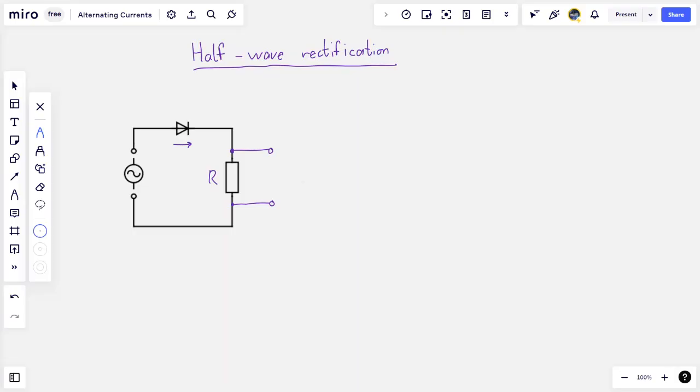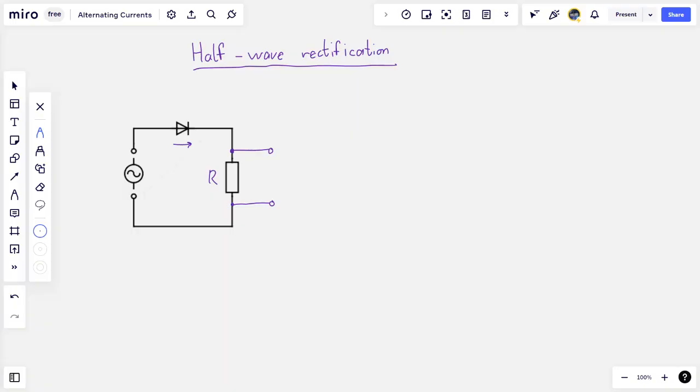Now, why is an AC input important? Well, remember, AC is current that changes direction so many times per second, 50 hertz in most of the world, 50 times per second. What this means is that the terminals of this AC power supply also change direction. There isn't a permanent positive or negative. They constantly flip.